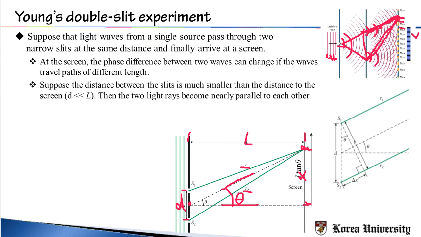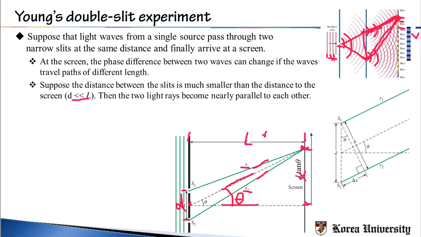Here we assume that L is much larger than D, which means the slits are very close to each other, barely visible to the eye, while the distance between the slits and the screen is much larger. If you assume that, then these two lines become almost parallel.